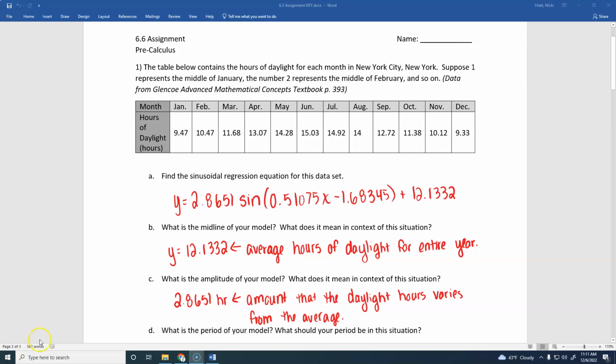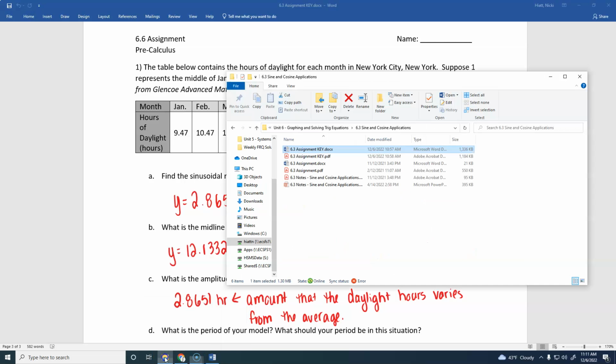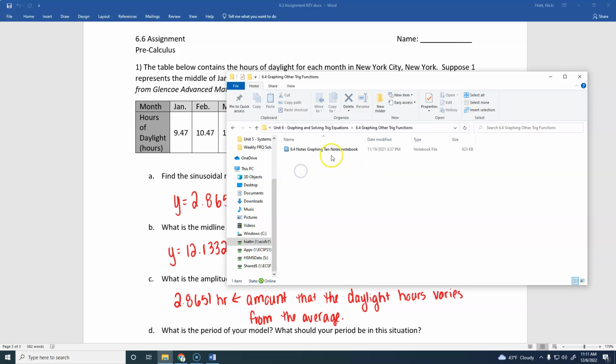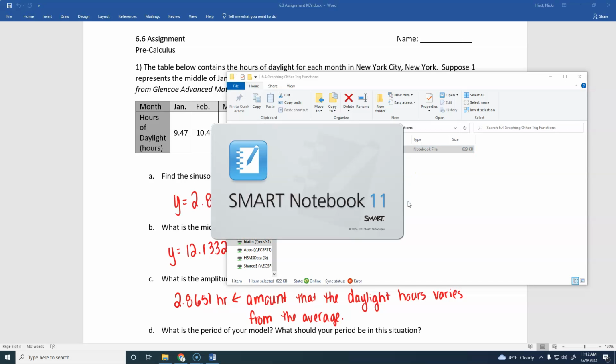All right, so we have one quick section that we are going to go over here today, and it is on graphing other trig functions, which are tangent, cotangent, secant, and cosecant.